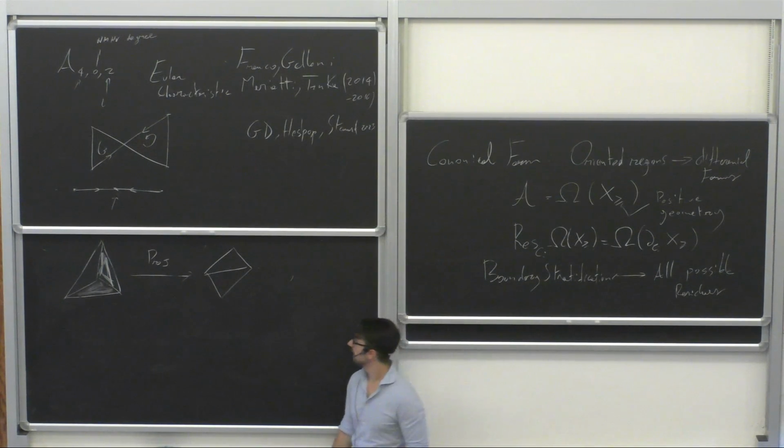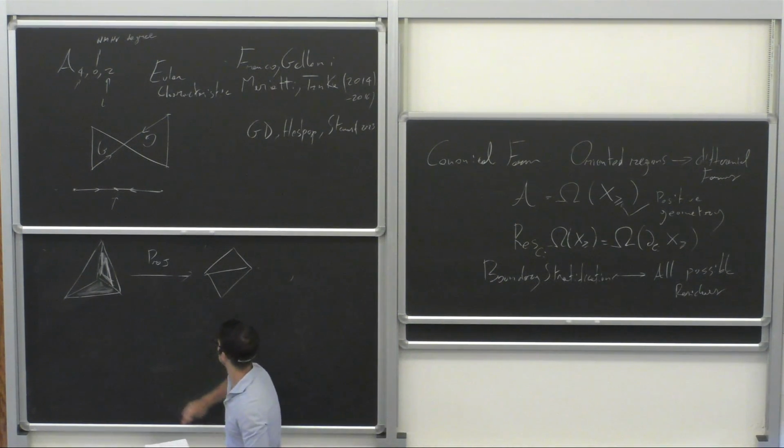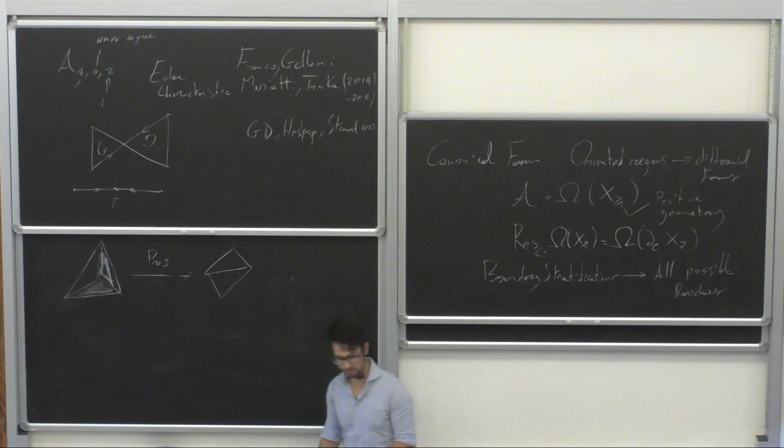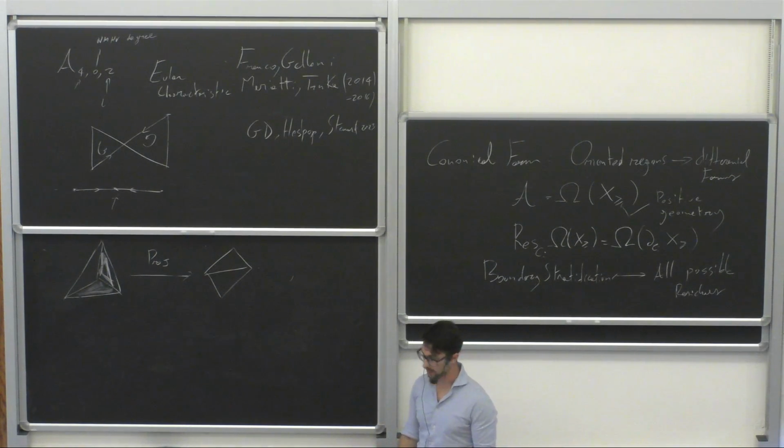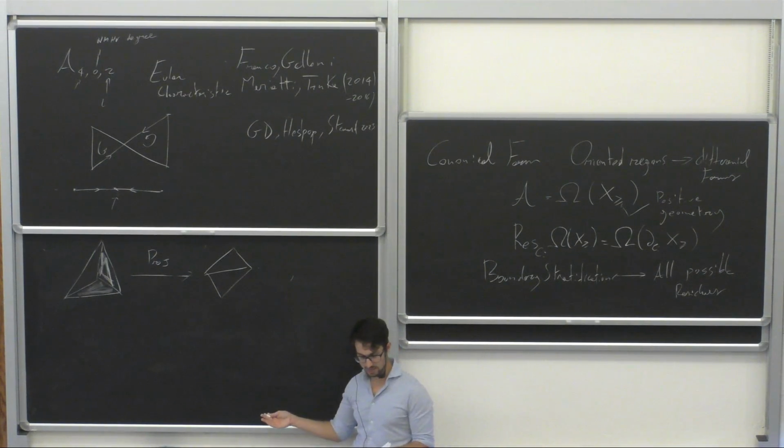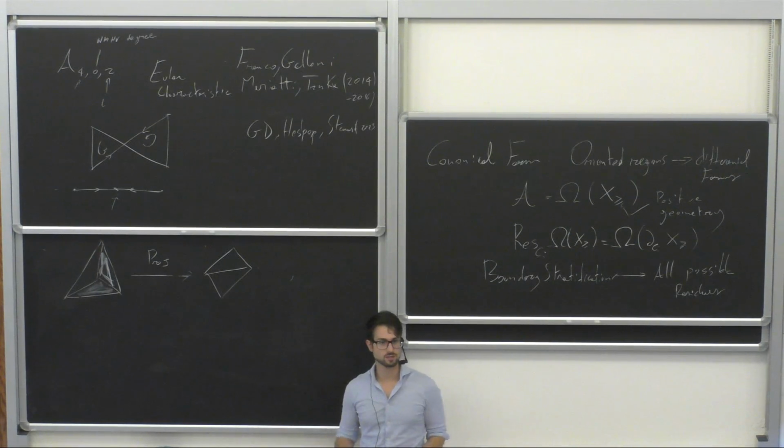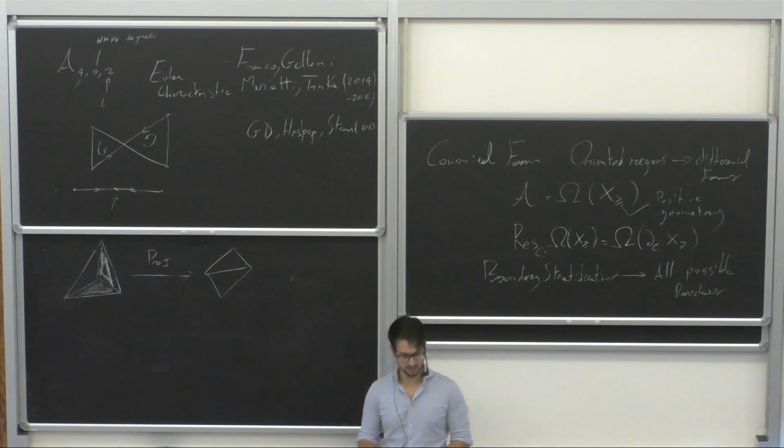Okay? And this was conjectured by Arkani-Hamed and Trnka, but to make this statement precise was a big effort of the math and physics community of the last 10 years.